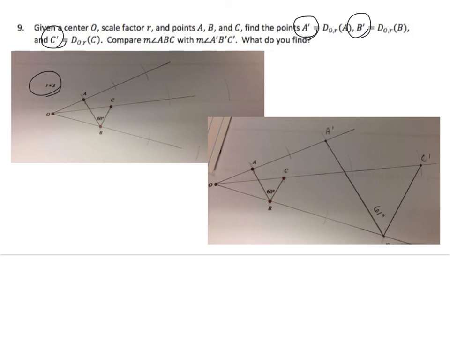So once I drew the rays, I took my compass and I measured the length of this, and I tripled it. 1, 2, 3, 1, 2, 3, and 1, 2, 3. So if you look, these are equal, these are equal, and these are equal.